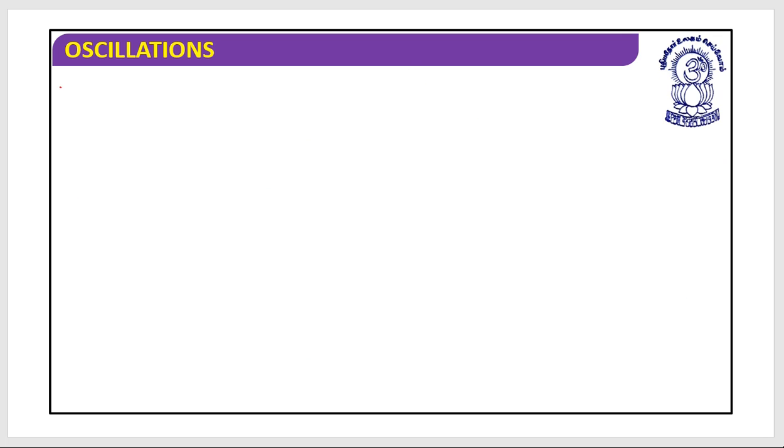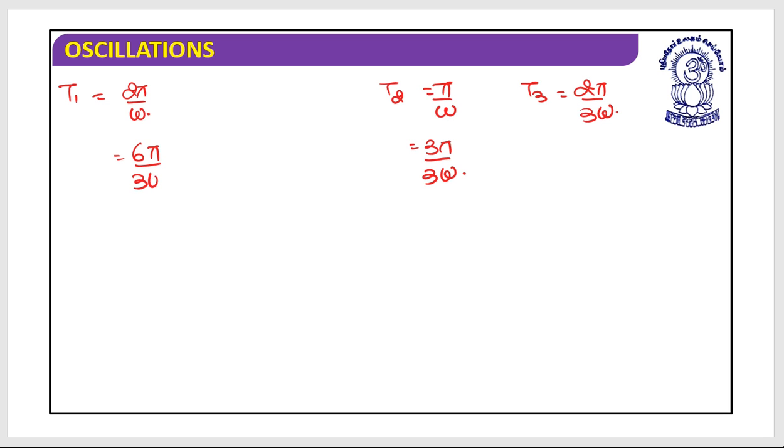The time period of the first function was 2 pi by omega. The time period of the second function was pi by omega, and the time period of the third is 2 pi by 3 omega, or this was 3 pi by 3 omega, and this would be 6 pi by 3 omega.